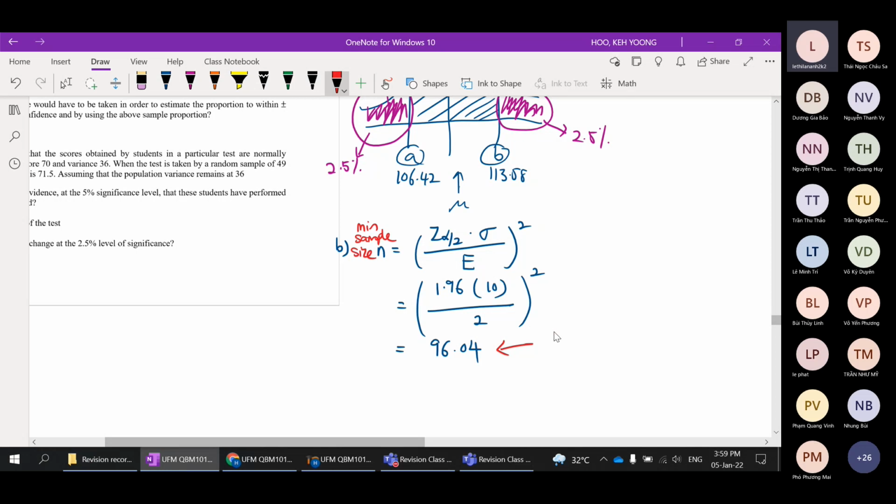So here we will always round up to the nearest integer. So your final answer is 97. You should collect 97 cars as your sample. Regardless of the decimal, even if you get 0.04 or 0.01, you will always round up. Unless you get 95 point something, then you round up to 96.